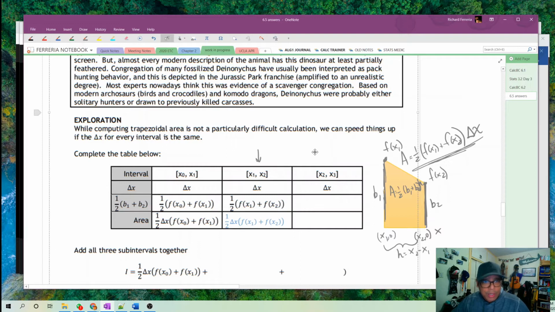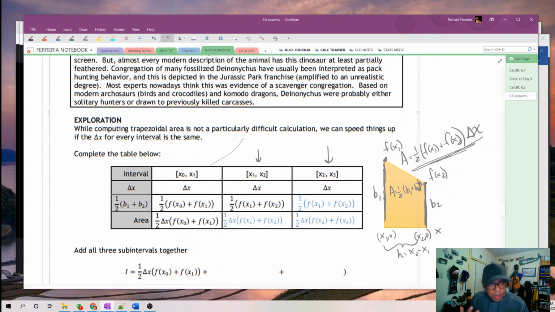Now this third column here is even less fleshed out for you. However, if we just follow the pattern, this is going to be 1/2 of f of x2 plus f of x3, and then down over here we're just going to multiply.